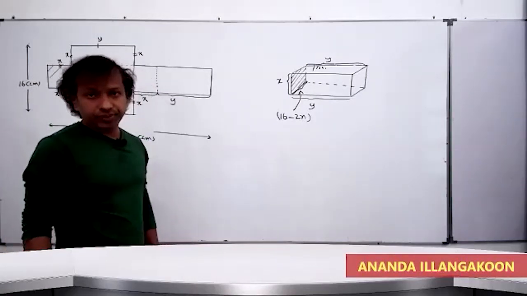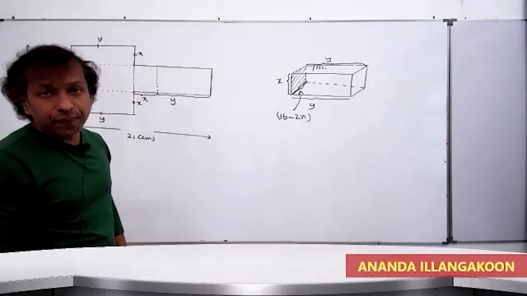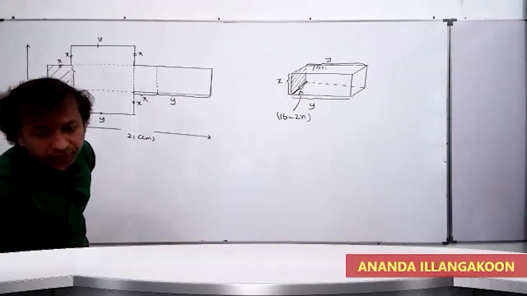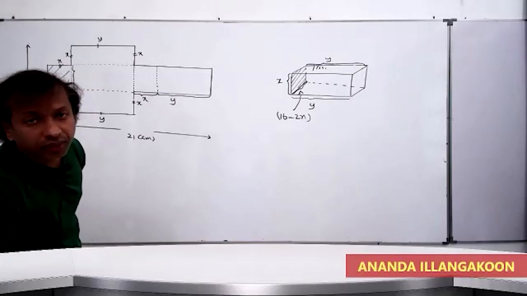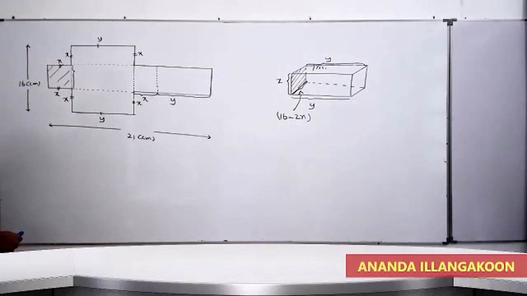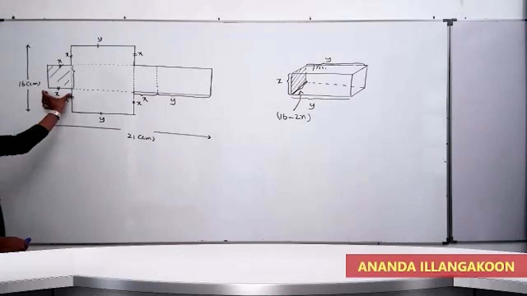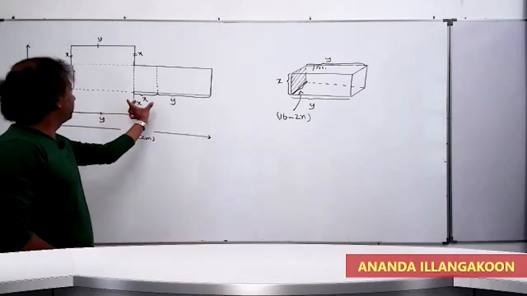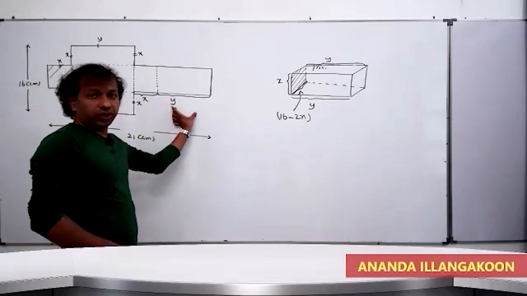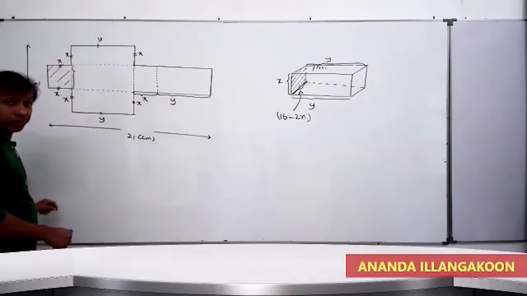Right. Now we write what? The equations. People, what are the equations we can write? This length x, this length y, this length x, this length y. Their total should be what? 21.